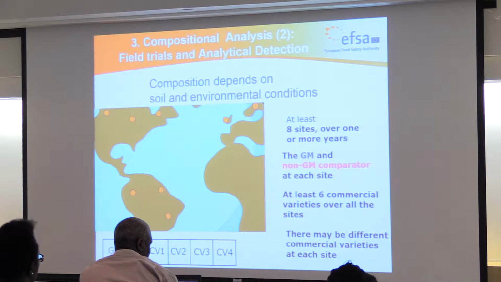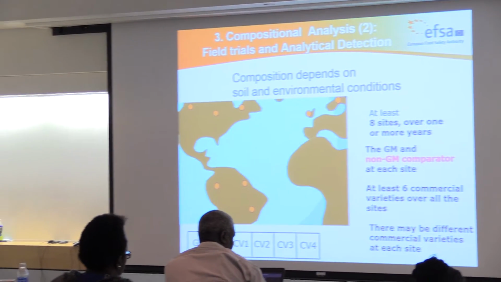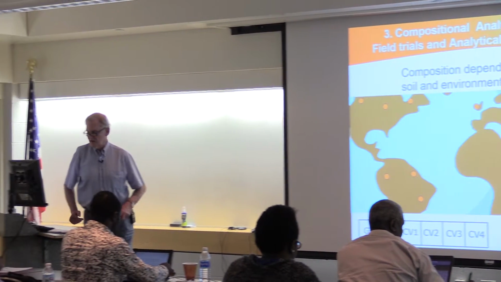Now the discussion is always how many should I use, or could I use historical data on non-GM plants, go to a database of ILSI, of other organizations, and find there the natural variations.